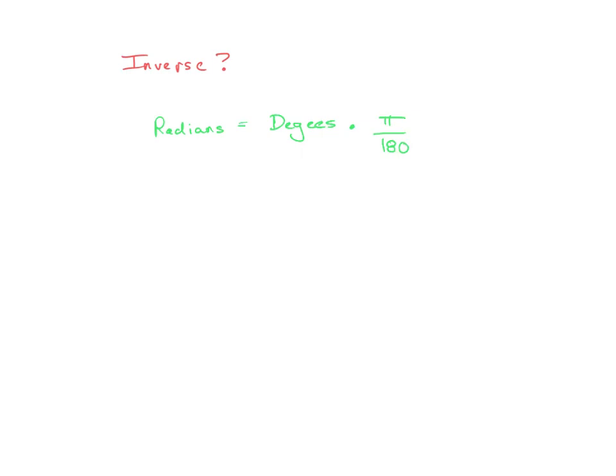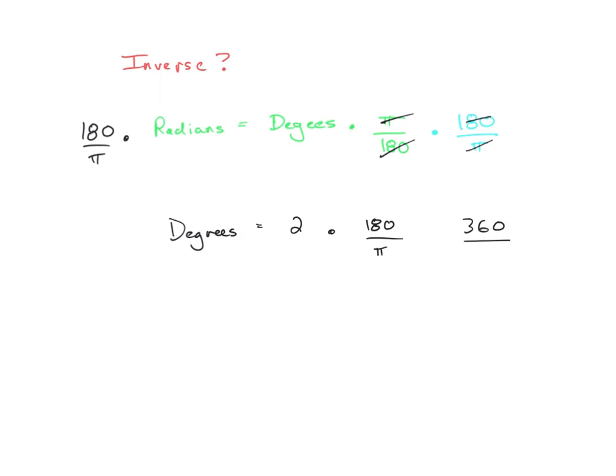So if we want to do the inverse and take radians and find degrees, well then you're multiplying both sides by 180 over pi. And then in order to find degrees, we would just take the amount of radians, let's say 2 radians in this case, and multiply by 180 over pi, and then we would come up with some amount of degrees here.